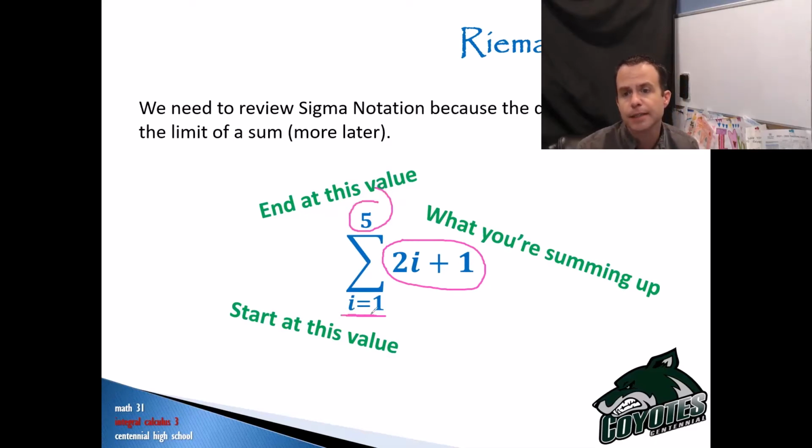So essentially it means I would plug in 1 for i and get a number. I would plug in 2 for i and get a number. I would plug in 3 for i and get a number. I would plug in 4 for i and get a number. I would plug in 5 for i and get a number, and then I'd add all those numbers up. That's what this symbol tells you to do in a much more succinct way than what I just did, okay?